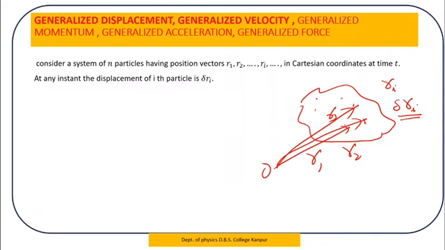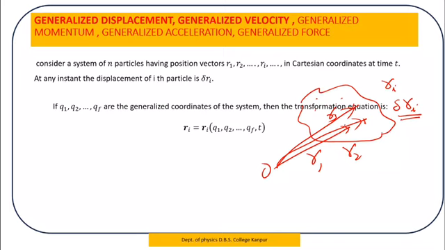This can be written in terms of generalized coordinates. ri is a function of the generalized coordinates q1, q2, ..., qf, where f is the degrees of freedom, and time t.